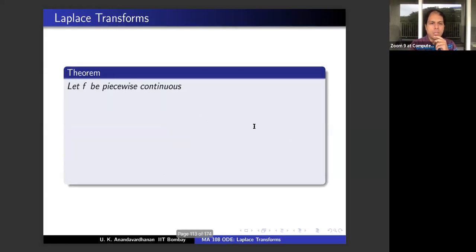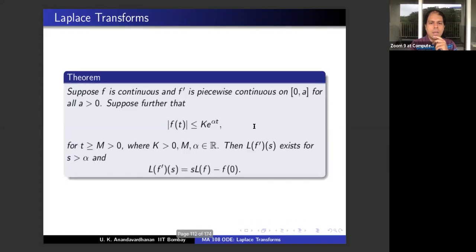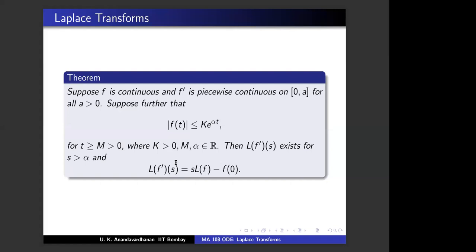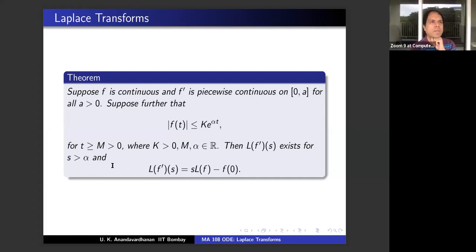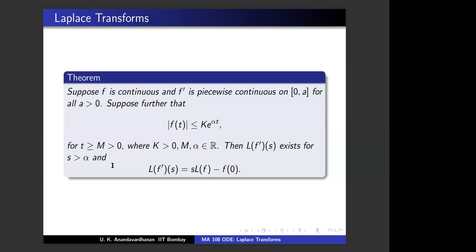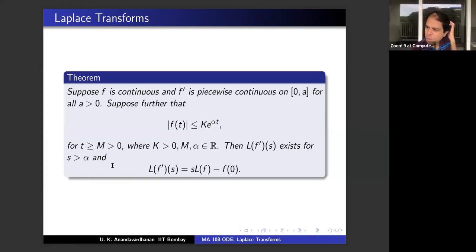So the most important remark here is that I'm not saying that f prime is of exponential order. Can you connect it with the question that I asked earlier? I challenged you to a game, no? What was the game?